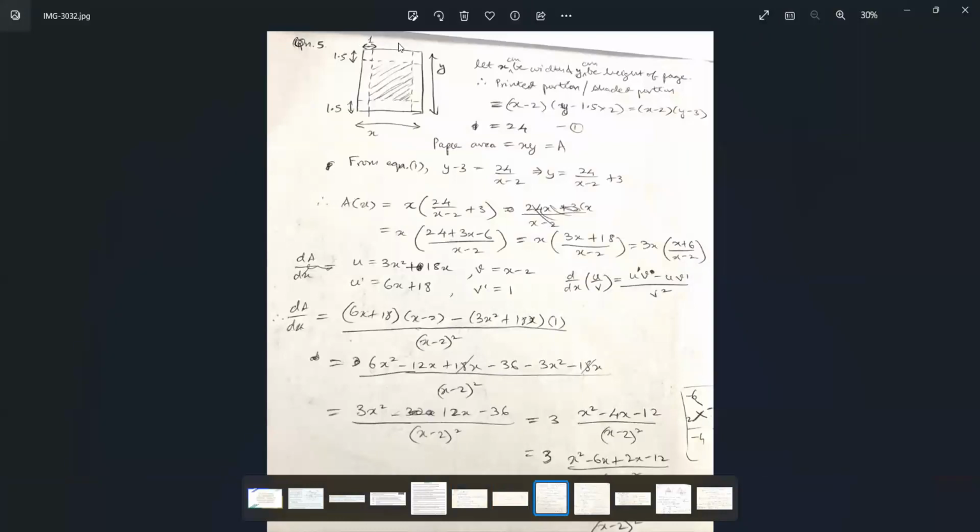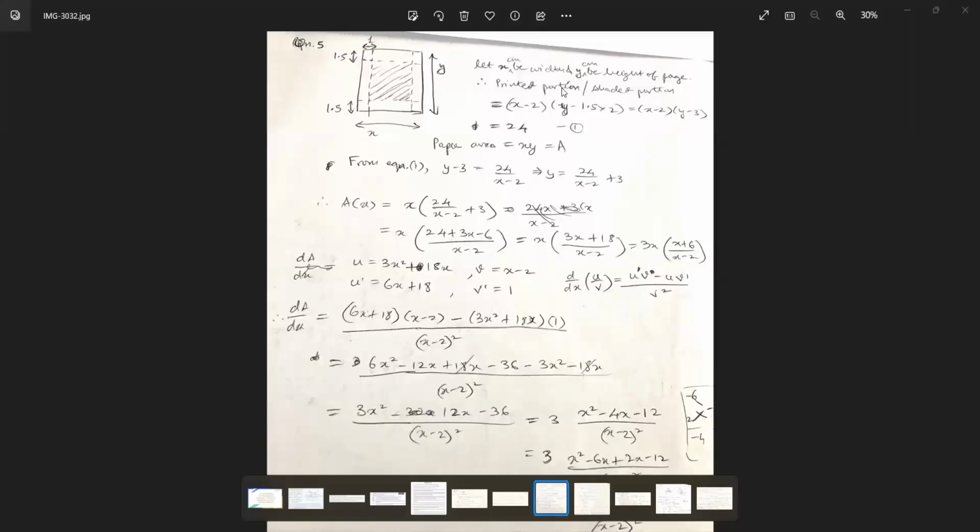So we have the page over here. Its left and right margins are 1 and 1, whereas top and bottom margins are 1.5 and 1.5. So we let x be the width of the paper and y be the height of the paper.